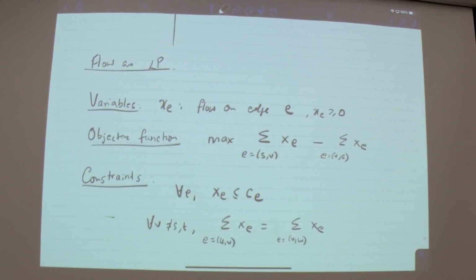But here's one thing that's interesting. Now that I put this in an LP formulation, suppose I now say, oh no, I have this extra constraint where every edge must have a certain amount of flow on it at demand. Otherwise, the sludge sits in the oil pipeline and it can't flow.